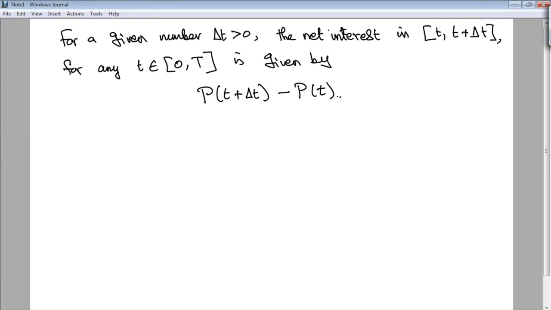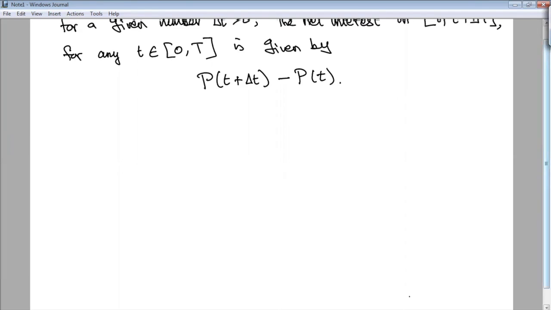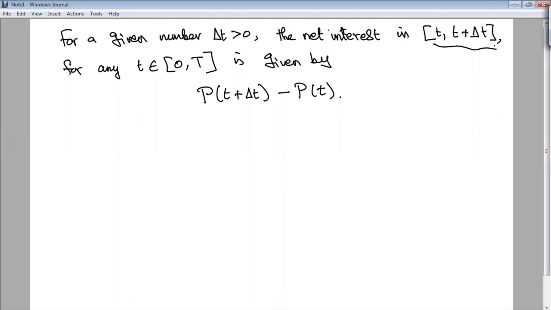So that is the interest that we obtained during this period. Assuming that delta t is very small, we can approximately take the compound interest in the interval t comma t plus delta t as a simple interest.